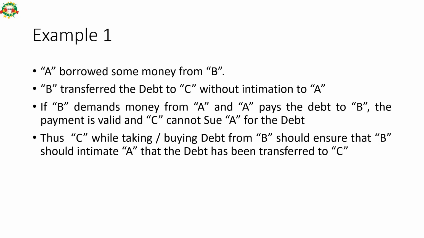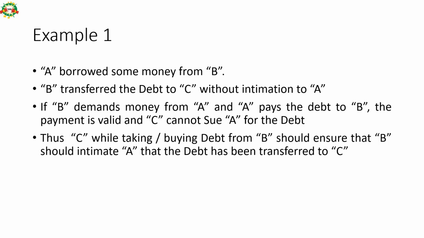For example, A borrowed some money from B. B transferred the debt to C without intimation to A. Say I had taken a loan from bank B, and bank B sold my loan account to bank C without intimation to me.